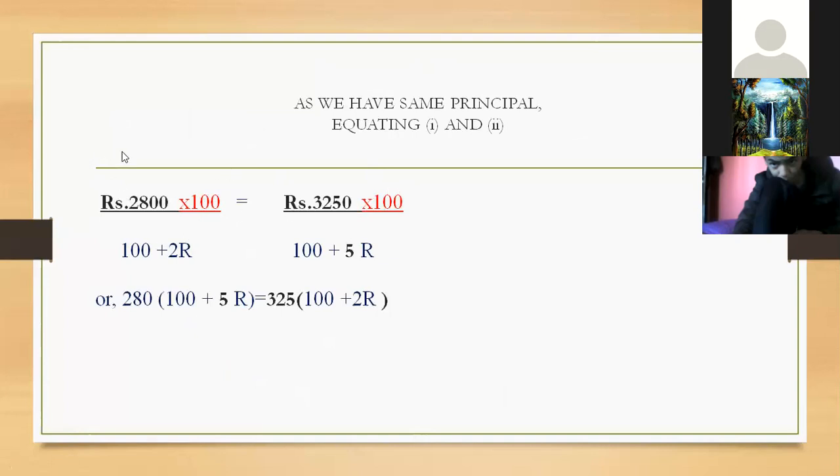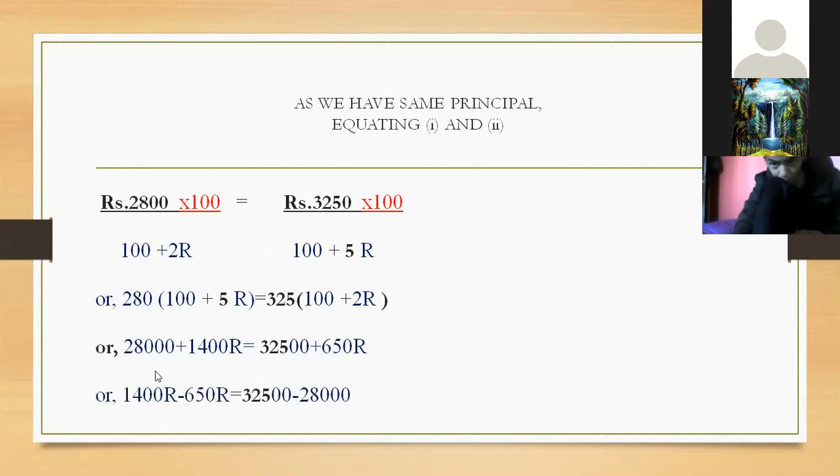If you cross multiply, 2800 will multiply with 100 plus 5R, and 3250 will multiply with 100 plus 2R. Then we will get the value of R. How much will we get the value of R? Can you tell?